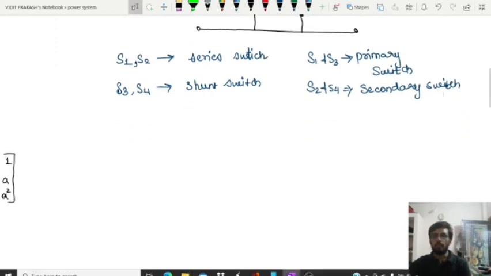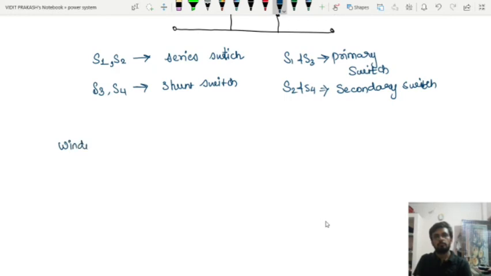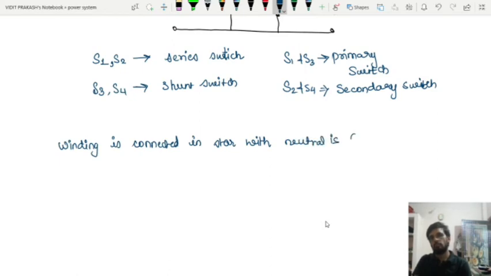Now, when transformer winding is connected in star, if winding is connected in star with neutral grounded, then switch 1 and switch 2 will be closed.